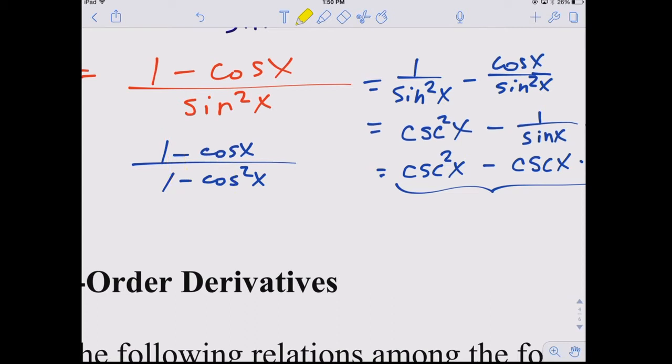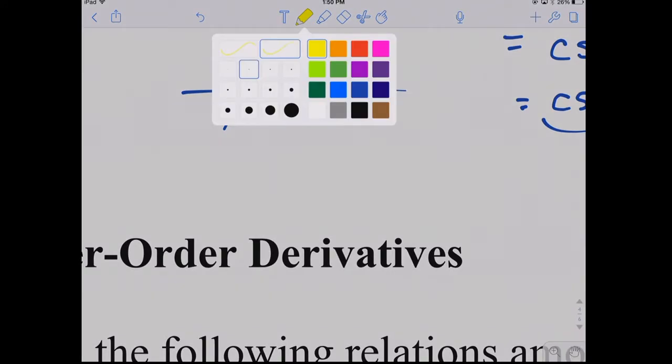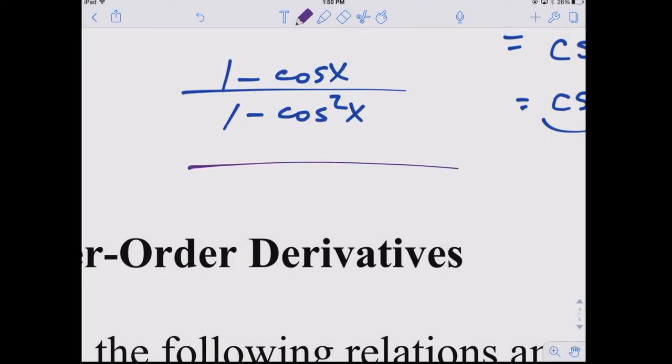But there is something we can do. Because 1 minus cosine squared is a difference of 2 perfect squares, which means it'll factor into the product of 2 what? Conjugates. Okay, so it's going to factor into 1 minus cosine of x times 1 plus cosine of x.